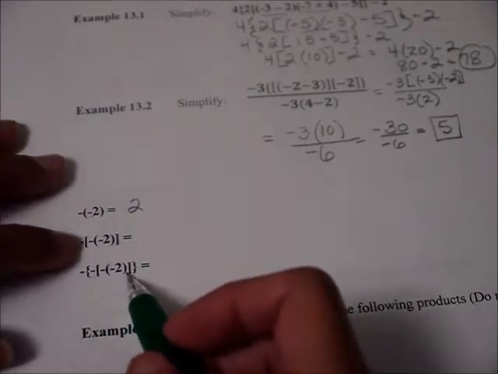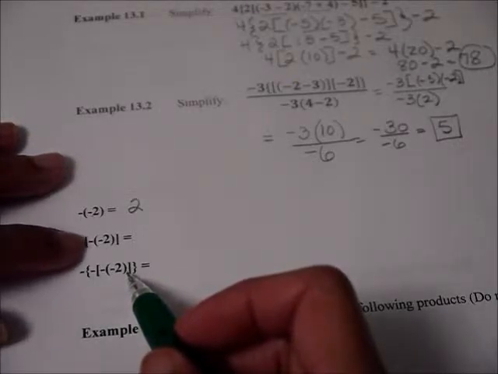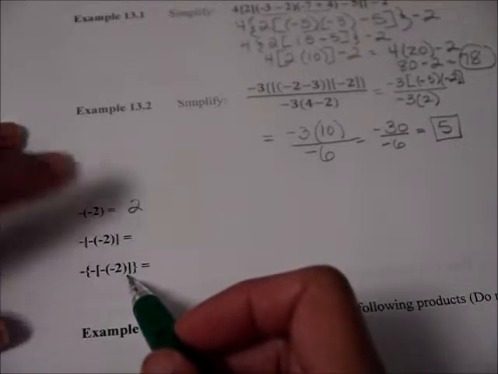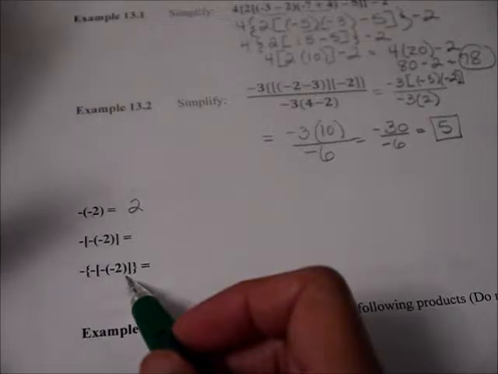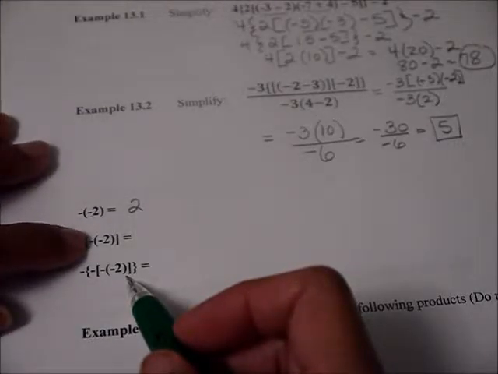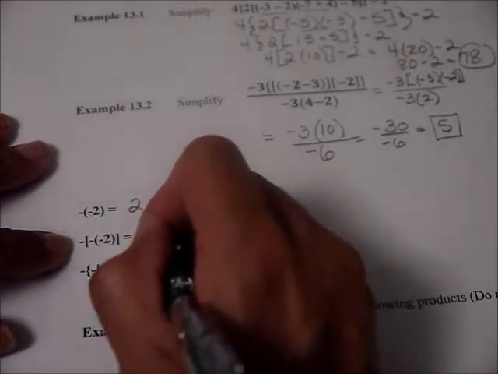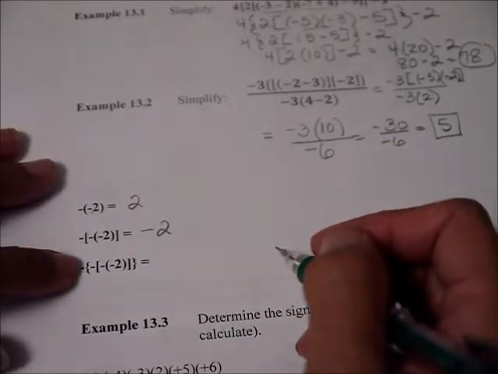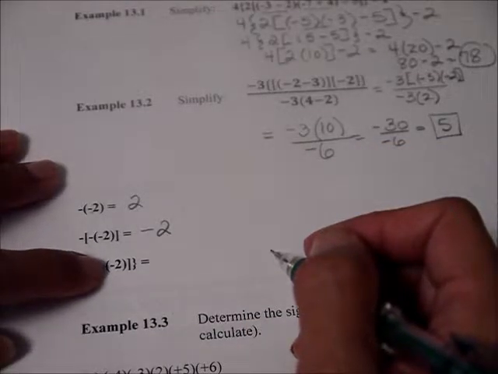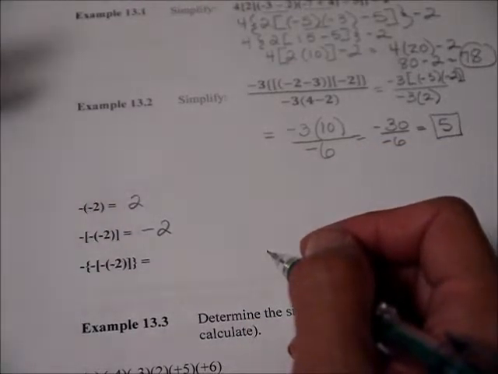Okay, so let's check. This means the opposite of the opposite of -2. Okay, so the opposite of the opposite of -2, well, the opposite of -2 is +2. The opposite of that is a -2. Okay, this is the opposite of the opposite of the opposite of -2.